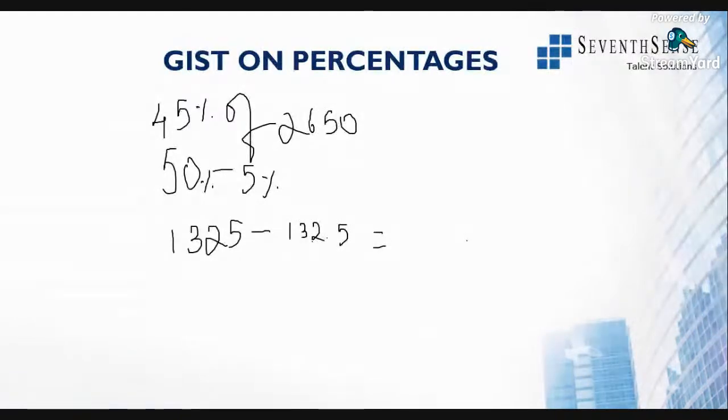Yes, 193. So it becomes 1193. 3 minus 0.5 is 2.5. So it becomes 1192.5. All right. So I've taken 265 itself. This will be 5%. 10% is 265. 5% is 132.5. All right. So the answer for this will be 1192.5.